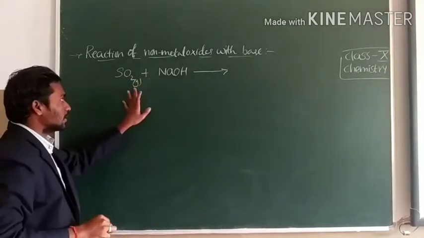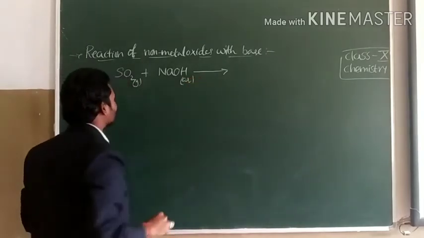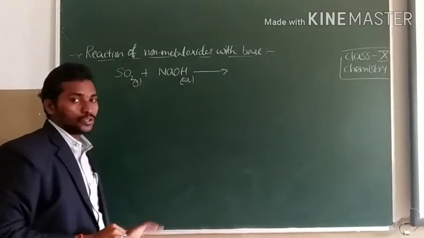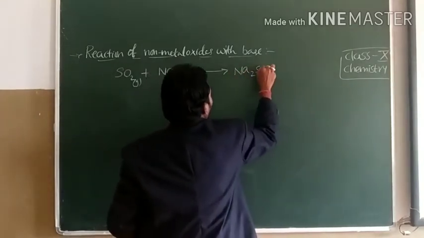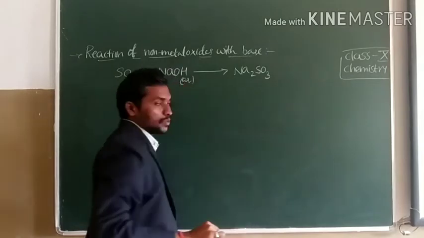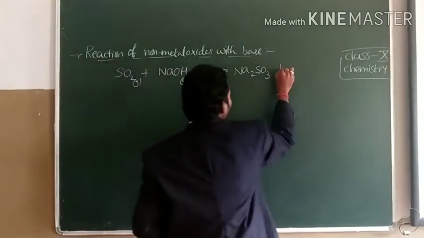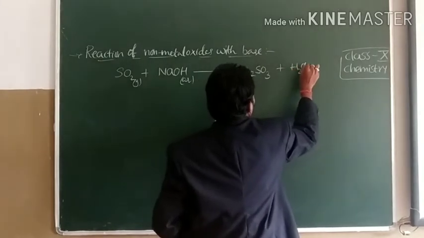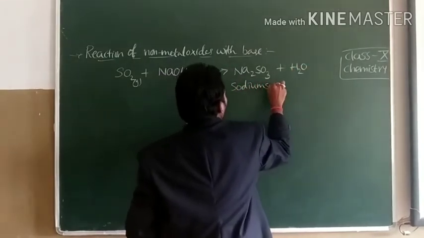When gaseous sulfur dioxide passes through aqueous sodium hydroxide, it forms sodium sulfite. The formula of sodium sulfite is Na2SO3, children. Na2SO3 is sodium sulfite and forms water.